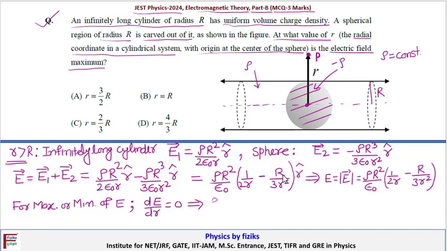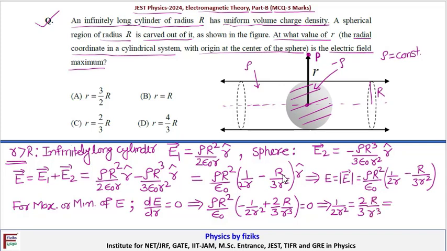So this will be given by rho R square by epsilon naught times minus 1 by 2r square plus 2R by 3r cube equal to 0, and this will give you 1 by 2r square equals 2R by 3r cube. So if we solve this, we will get r equal to 4 by 3 R.